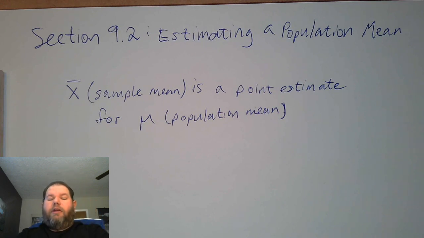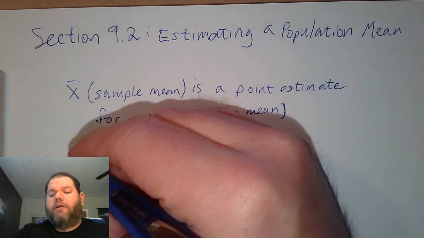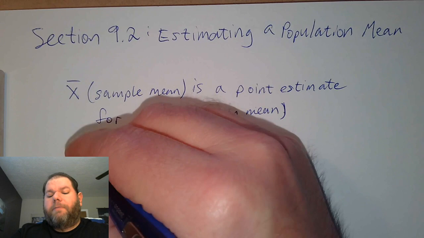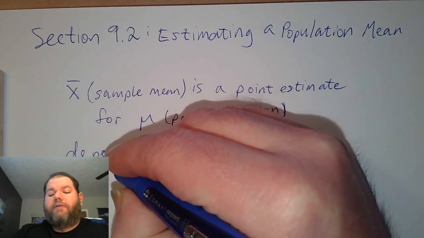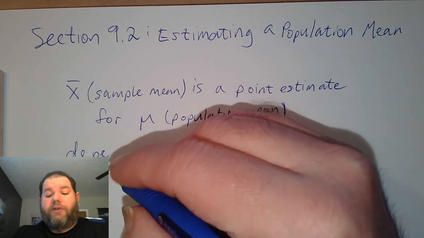Now, depending on whether or not we know the value of sigma, which is the population standard deviation, has a big impact on where we go from here.